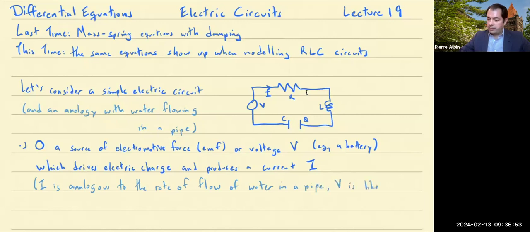V is like a pump, producing pressure. That's what the voltage is supposed to be like. That causes the water to flow.